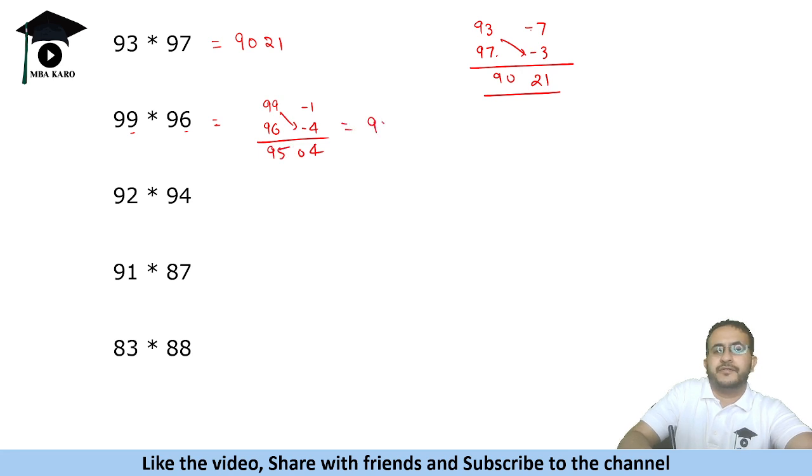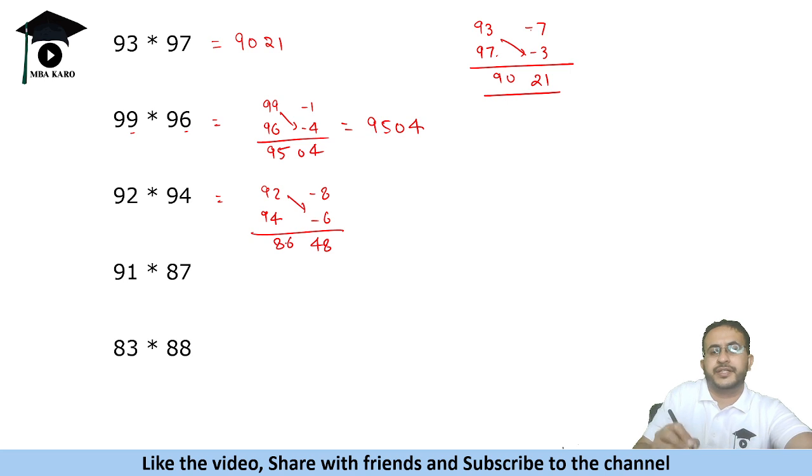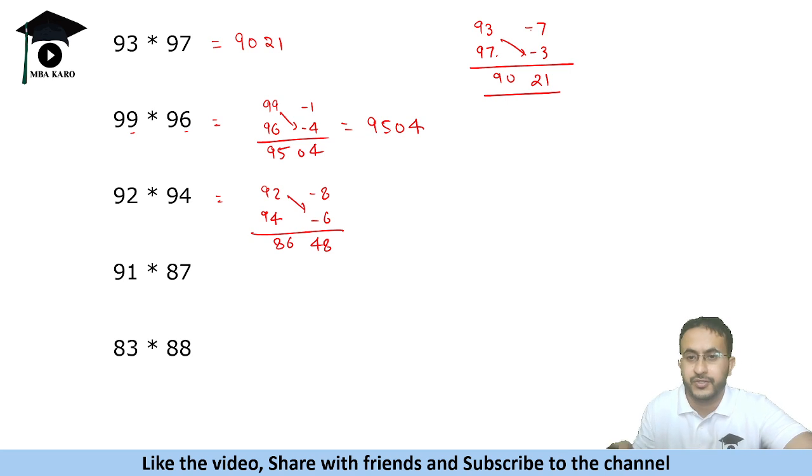So you get 9504. Now this is 92 into 94, 100 minus 8, 100 minus 6. 8 into 6 is 48, and this is 86. So 8648. This is the pace at which you can multiply the numbers if the two numbers that you have to multiply are near 100.